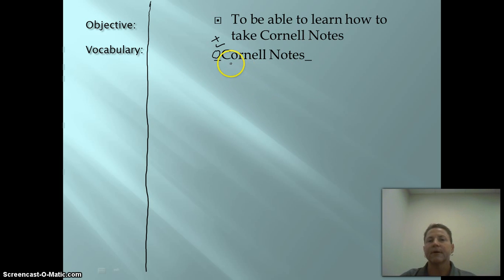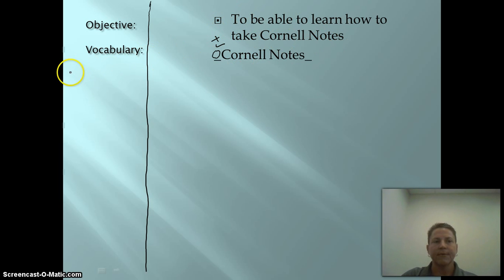Sometimes you will have many vocabulary words, and so you will continue your vocabulary words. Sometimes you won't have any vocabulary words, and sometimes you may only have one, like you do here in this lesson. Sometimes also you will have more than one objective. Then you're going to write a question for this objective.